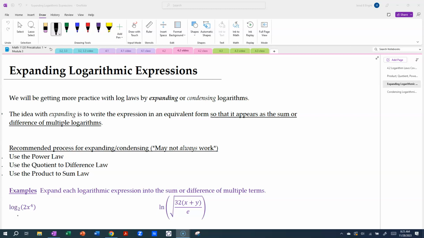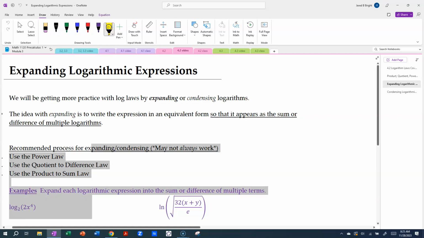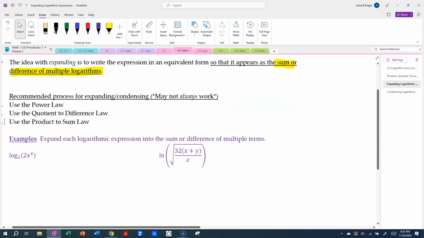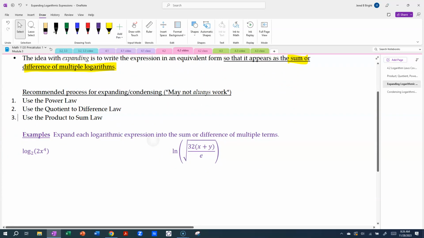And so when we say expanding, we want to take the expression and write it in an equivalent form so that it appears as a sum or difference of multiple logarithms. Okay, and so to do this, every step that I take, I'm going to try and do the recommended steps here. I'm going to first try to use the power law. So at every step, I'm going to say, is there some way I can use the power law?